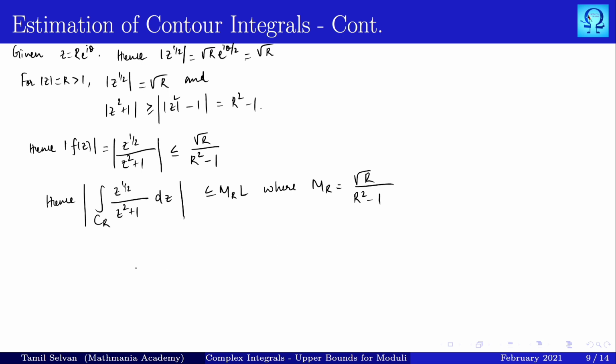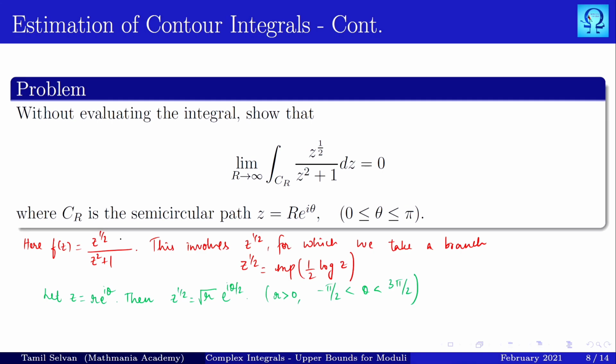Now we just do the simplification, but before that we have to find the value of L as well. Let us revisit it. It is the semicircular path R e to the power i theta.